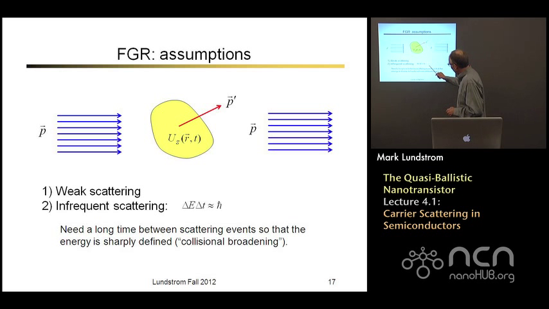That's needed because we have this uncertainty relation between the uncertainty in the energy and the time. If the time between scattering events is long, then the uncertainty in energy is small and energy conservation applies. So we need a long time between scattering events for energy conservation to apply.